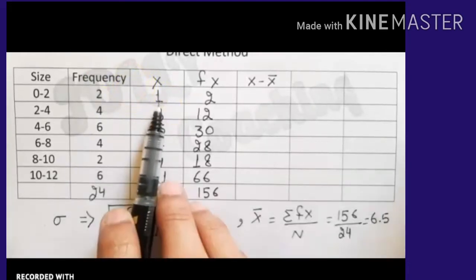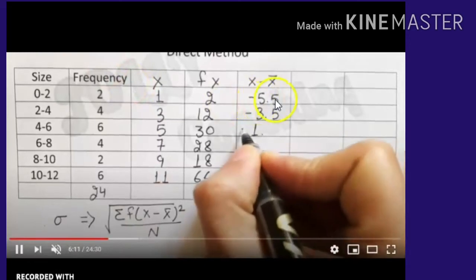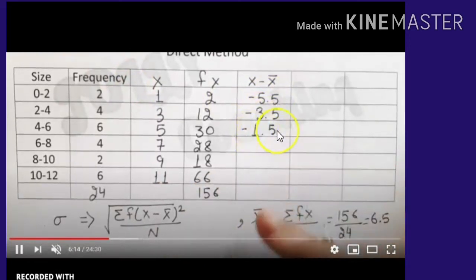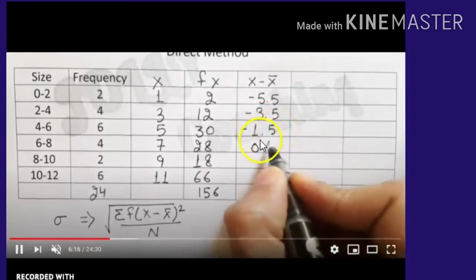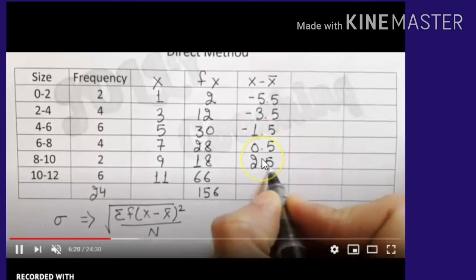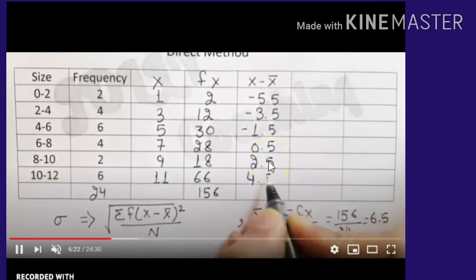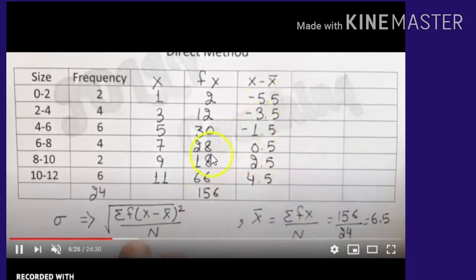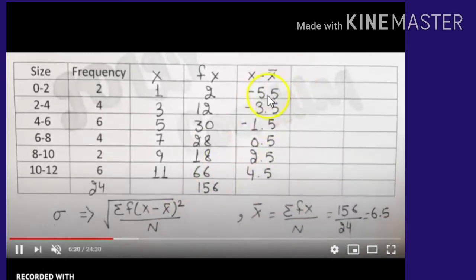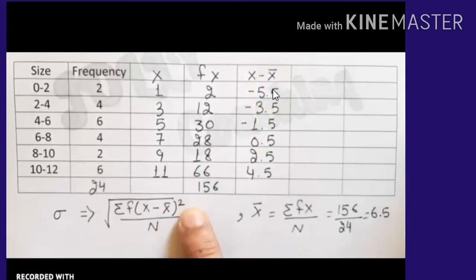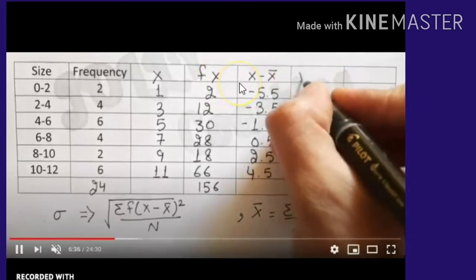Then find the answers: minus 5.5, minus 3.5, minus 1.5, then 0.5, then 2.5, then 4.5. Next you have to square these values. To find the square, you square 5.5 into 5.5.